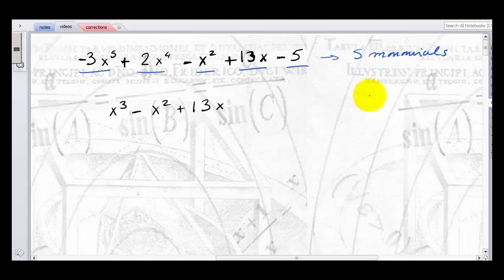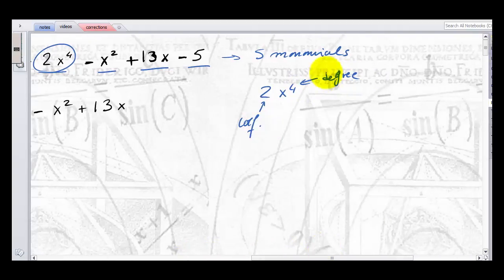So a monomial, for example, let me take 2x^4 right here. That's this one, the second one. 2x^4. This is called the coefficient of the monomial, and this is called the degree of the monomial. The degree, what is the degree? The degree is an element of N, meaning it can be 0, 1, 2, or any counting number.